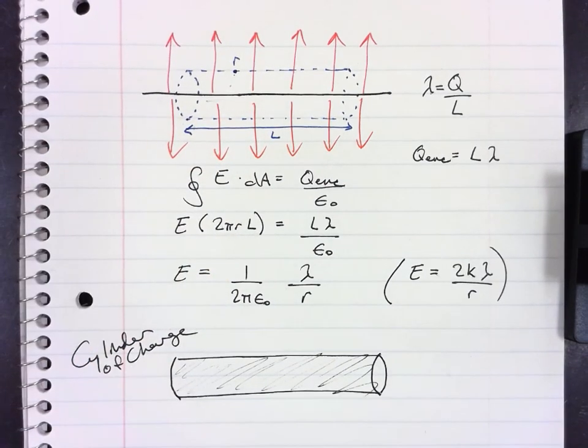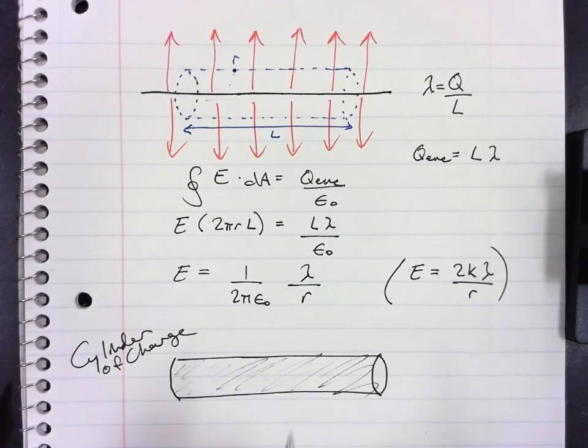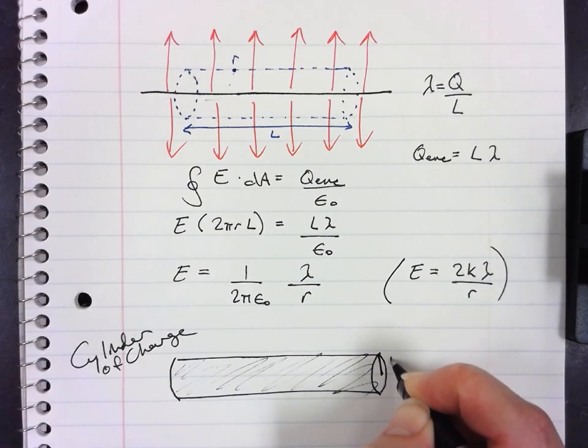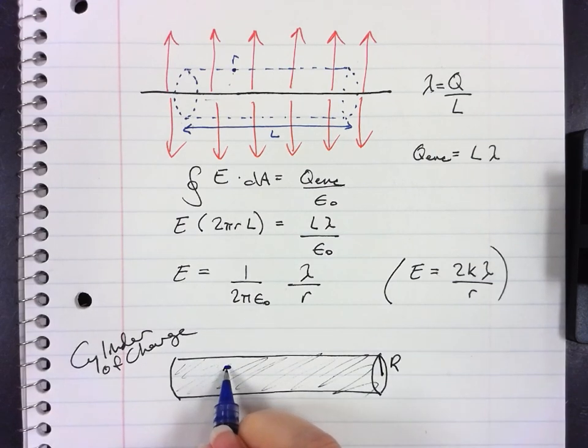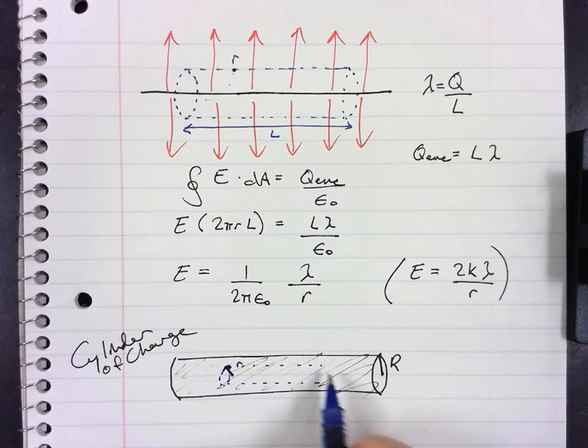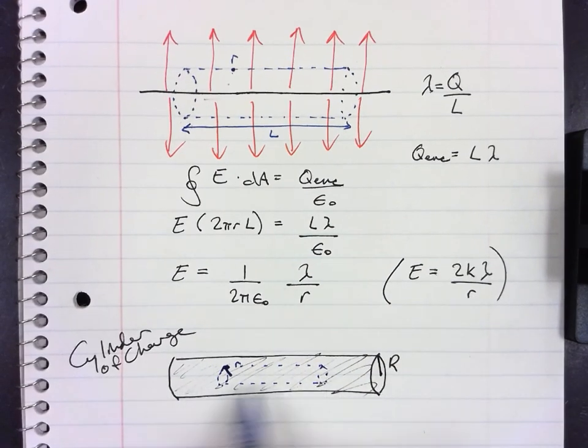But if we're inside the cylinder, this cylinder has a total radius of big R, and I want to find the electric field here, which is at a radius from the center of little r. Well, I draw the same idea of a cylinder to be symmetric around the center, because then my electric field is the same strength everywhere.